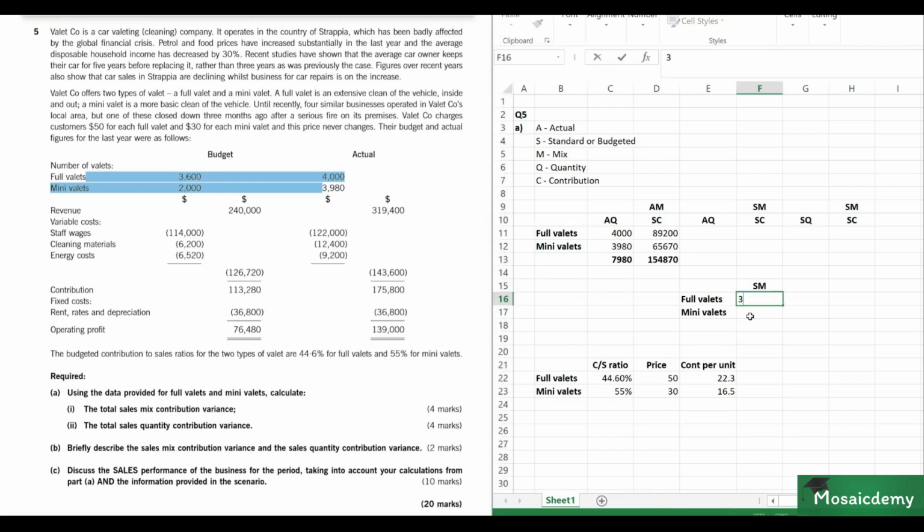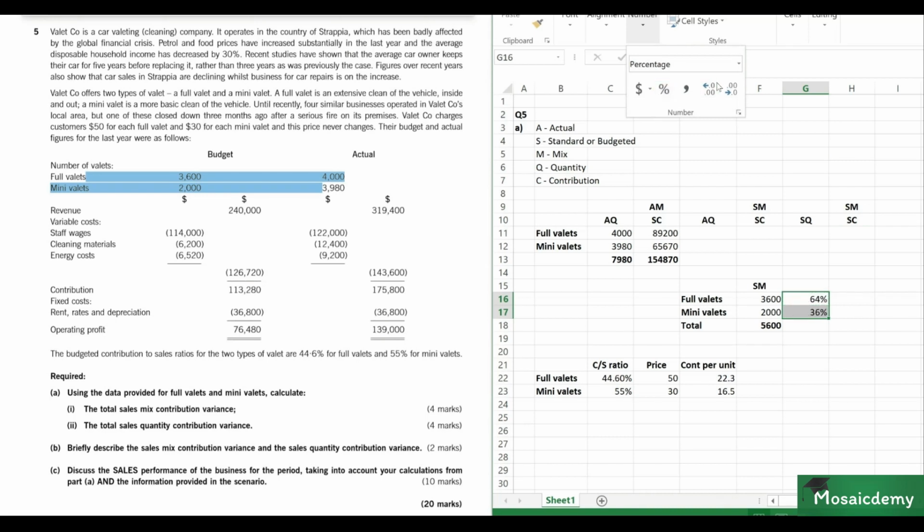So the standard proportion of sales, these total up to 5,600, is that the company expects to sell 64% of its sales as full valets and 36% of its sales as mini valets.